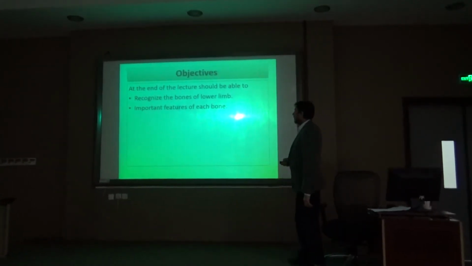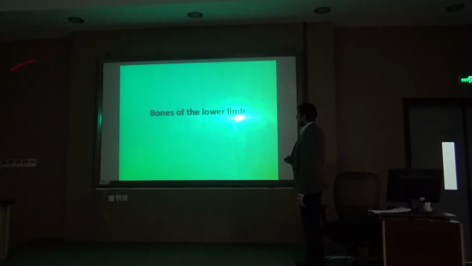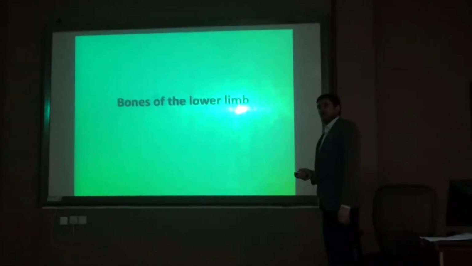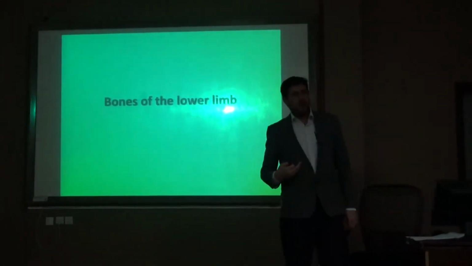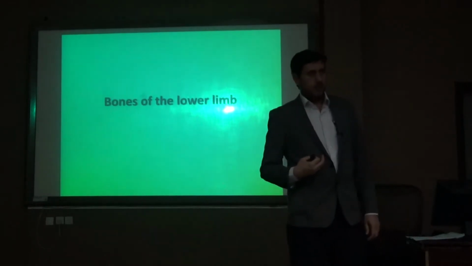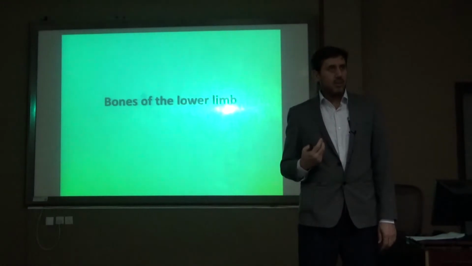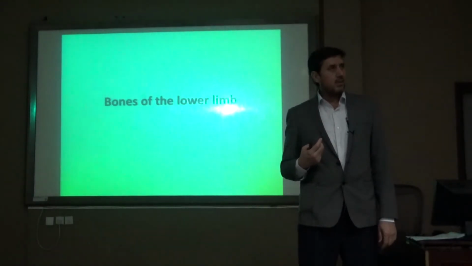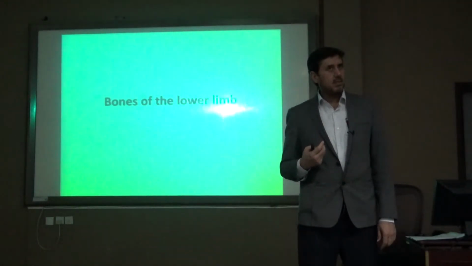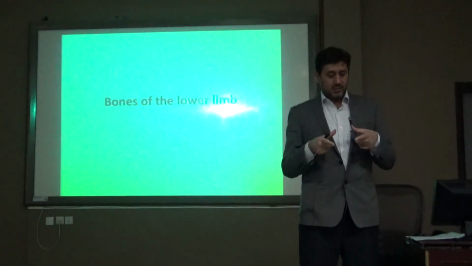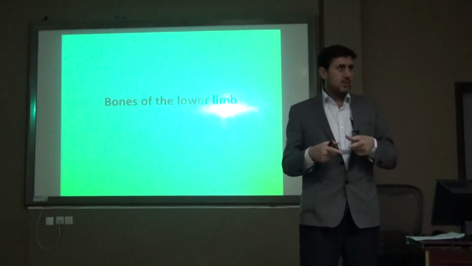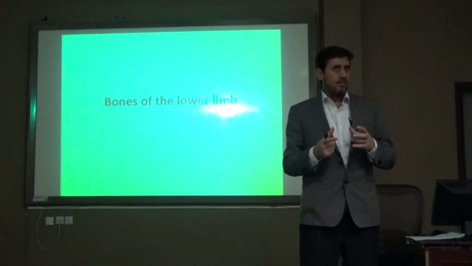So our objective, what is our topic? Bones of the lower limbs. So as we know, what is girdle? Girdle, you know the girdle? Pectoral girdle and pelvic girdle. A girdle means circle and circling.